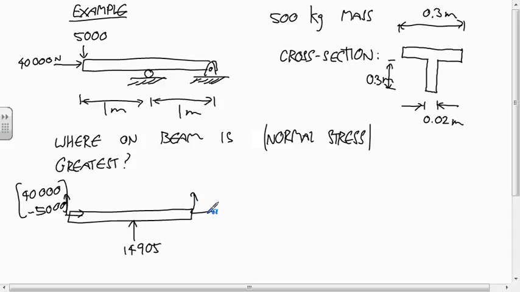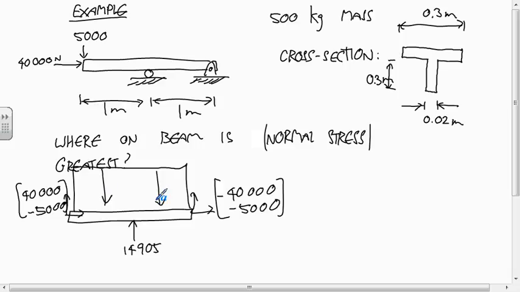Over here we have negative 40,000, negative 5,000. Just 2452.5 newtons per meter. Okay. And so now we're going to do the two cuts.